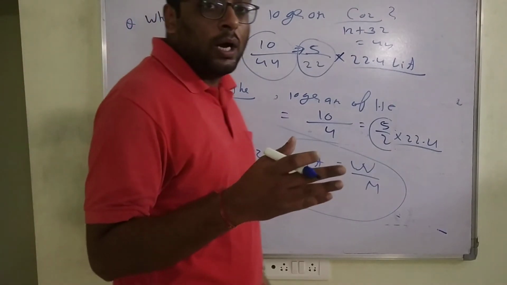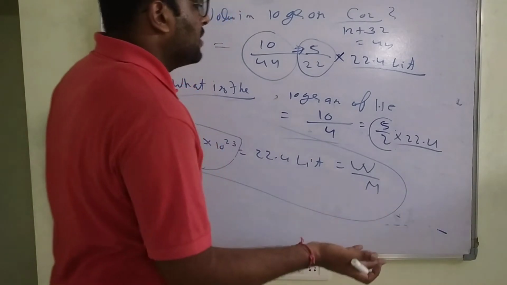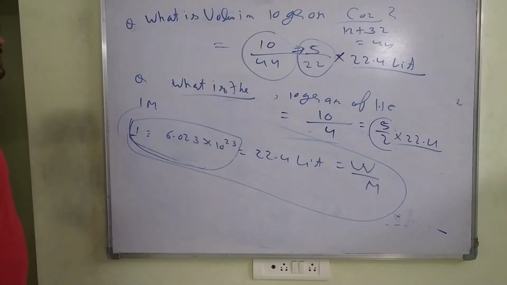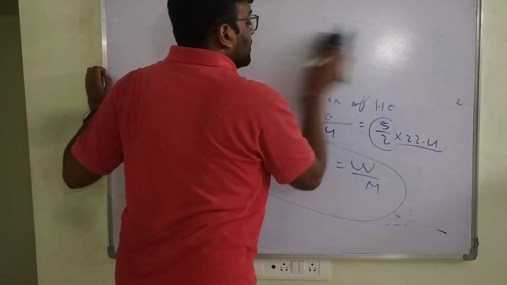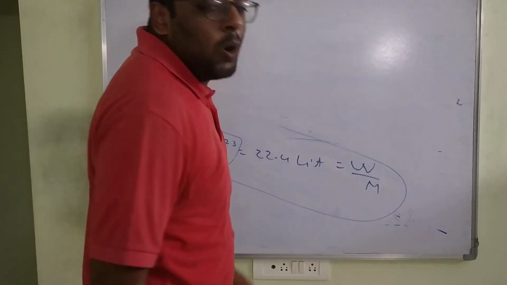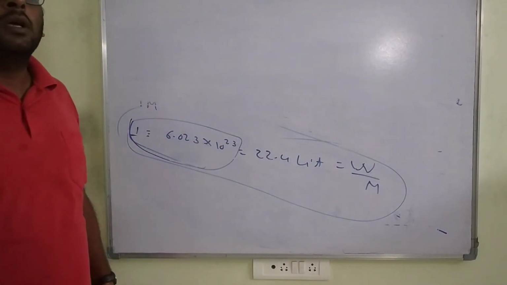Suppose I am given grams. This is the forward direction. Now we solve in the reverse direction. Okay? I hope you will write down. Suppose the question is like this. Look at over here.